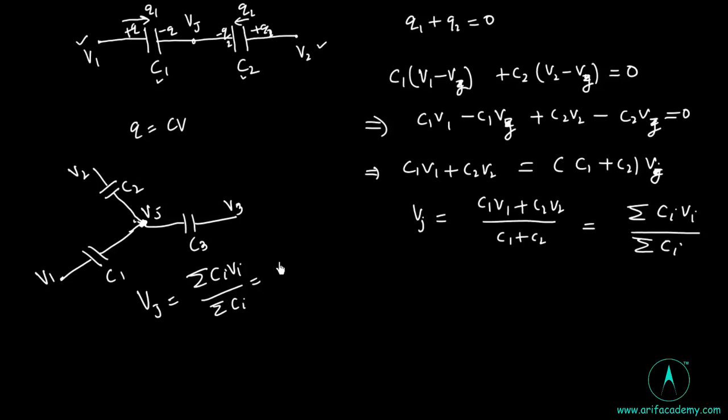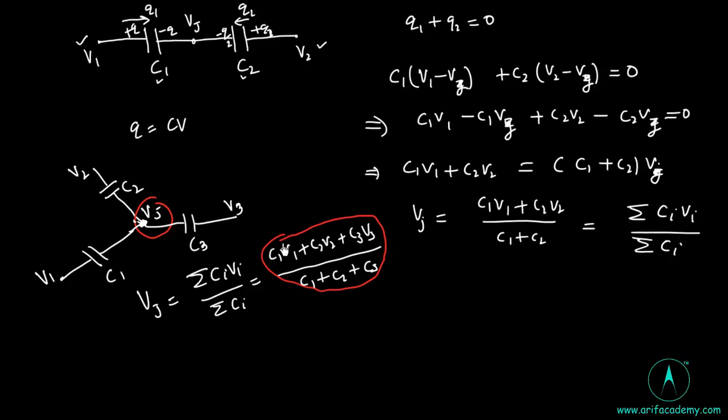So this is (C1 V1 plus C2 V2 plus C3 V3) whole upon (C1 plus C2 plus C3). This gives a very easy and fast calculation to find the potential of this junction Vj. So this is a very easy expression to find it out.